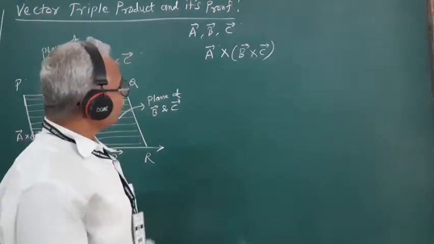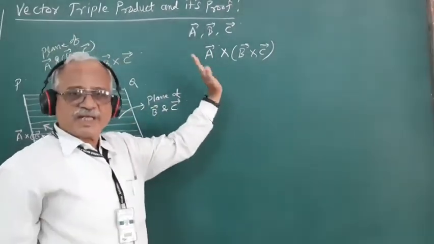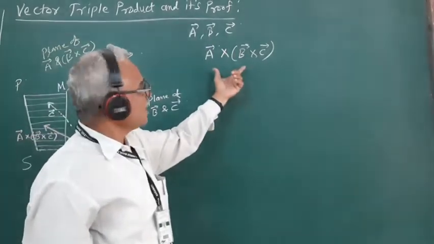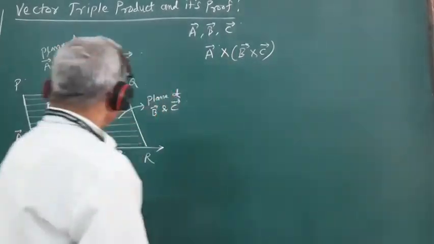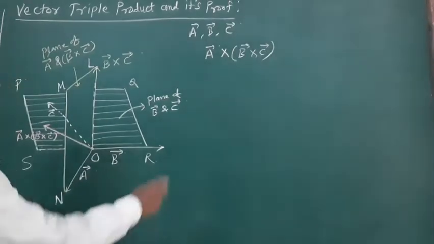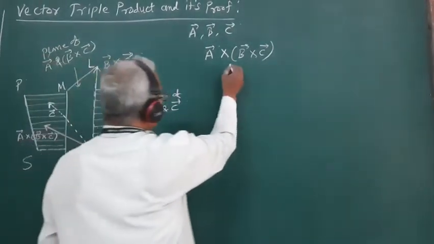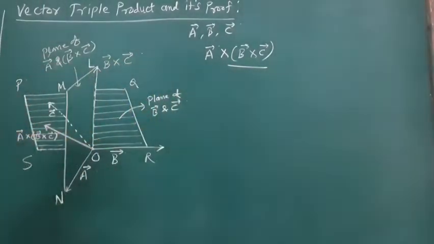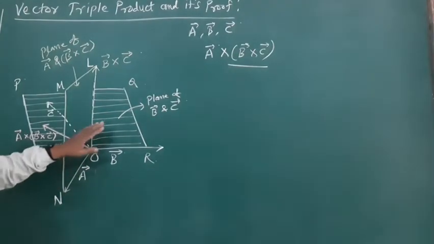So the vector triple product of the three given vectors A bar, B bar and C bar is expressed like this.